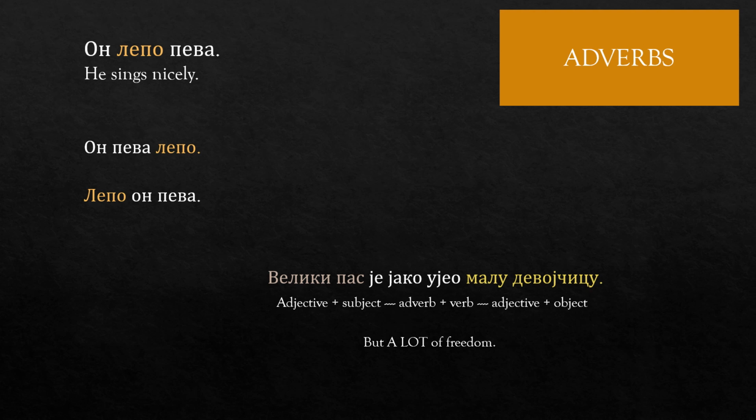Serbian gives you a lot of freedom to play with the order, though, at the cost of changing the emphasis and a bit of a risk to sound poetic. But if you have the right grammatical cases and right genders, the sentence will always be comprehensible, whatever you do with the order. Cheers!